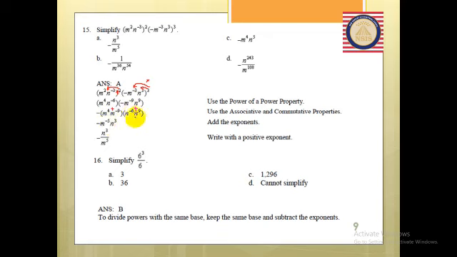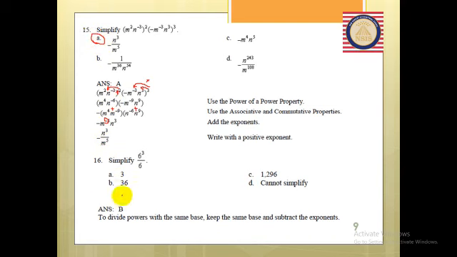Negative 6 plus 9 is 3. Very good. So I have negative m to the power of negative 5, n to the power of 3. I have a negative power here. No, the negative power will get the number down. So negative n to the power of 3 over m to the power of 5, which is A.